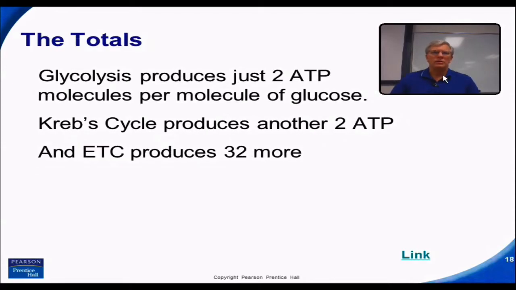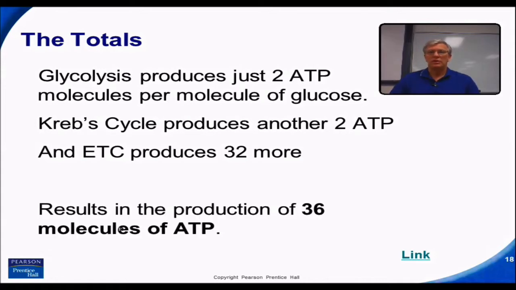Again, glycolysis produces just 2 ATP molecules. The Krebs cycle produces another 2. The electron transport system produces 32 for a total of 36 ATP molecules produced. Again, this assumes oxygen is present.